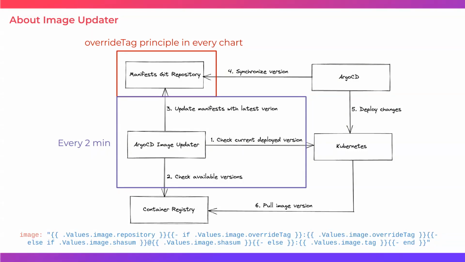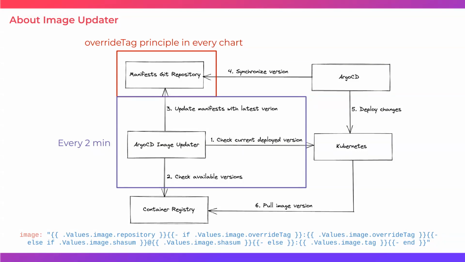It would check your container registry for available versions and compare them to a version constraint that you want to deploy. And if there is a new version respecting those constraints, it would commit the new version to your Git repository, which is synchronized with Argo CD, and then Argo CD would do its job, which is to synchronize the version inside the cluster, and that's it.